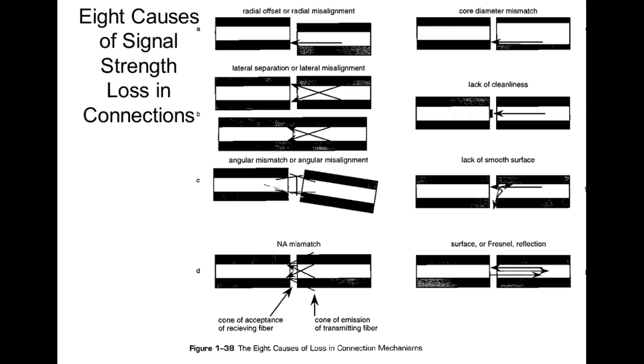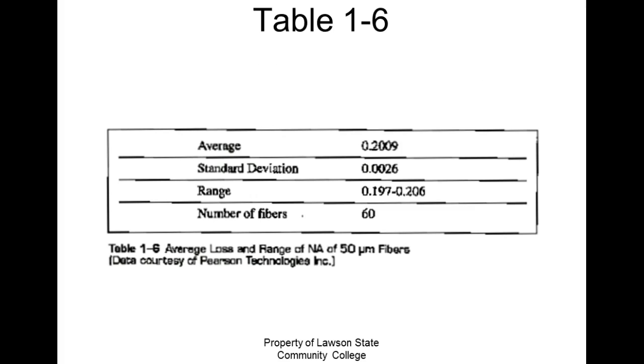Eight causes of signal loss in a connection. Average loss in, pick your micron. This is average loss. So our average loss for the cable would be what? Average would be, now this is in dB. So this would be the average loss of the cable.